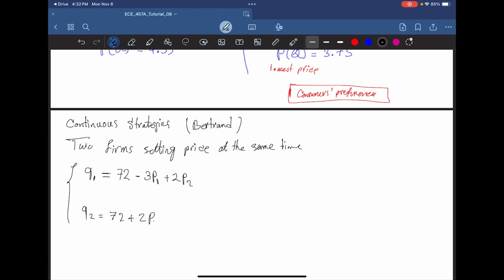This is a very simple example, nothing complicated. And the marginal cost, let's also assume the marginal cost is 0 for both.